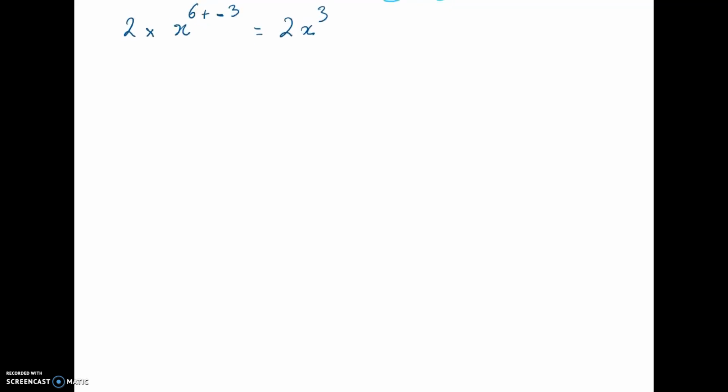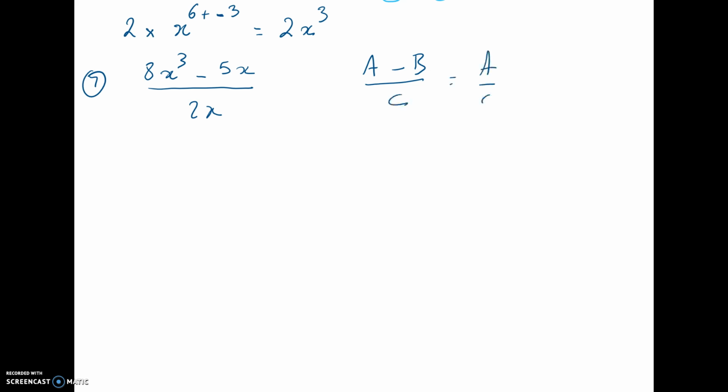Okay, let's try to do another one this time, making sure that I'm not making any mistake. So on problem number 7, we have 8x cubed minus 5x divided by 2x. This looks like a minus b over c, which is a over c minus b over c.